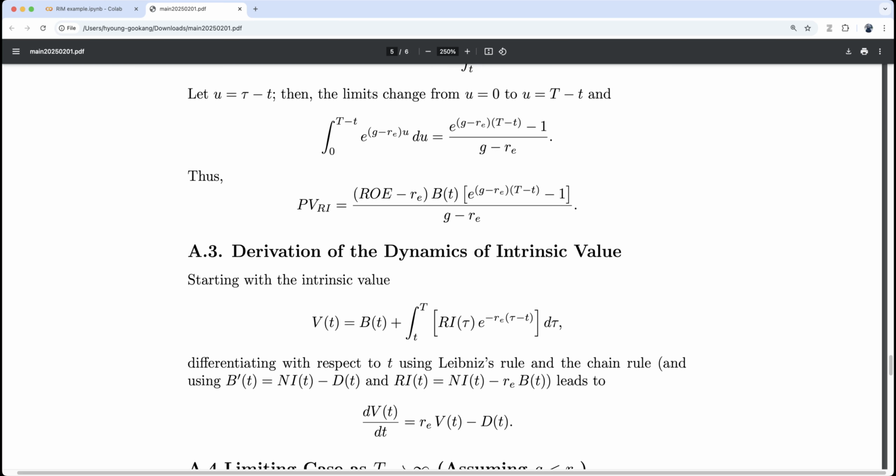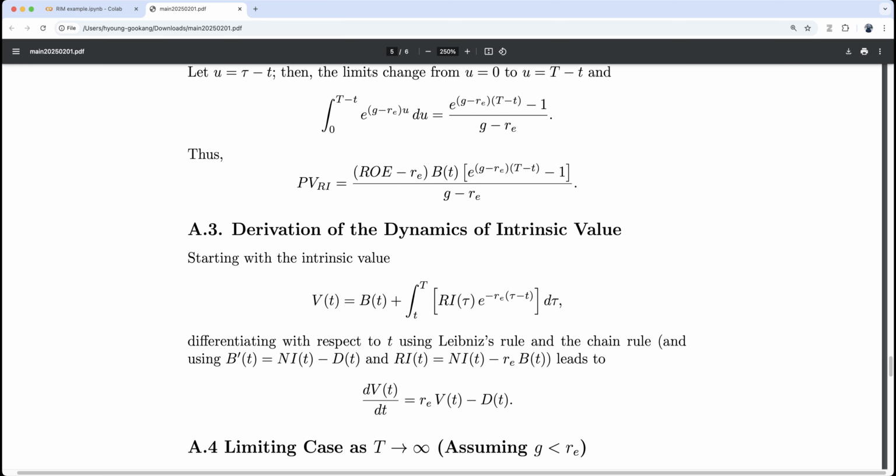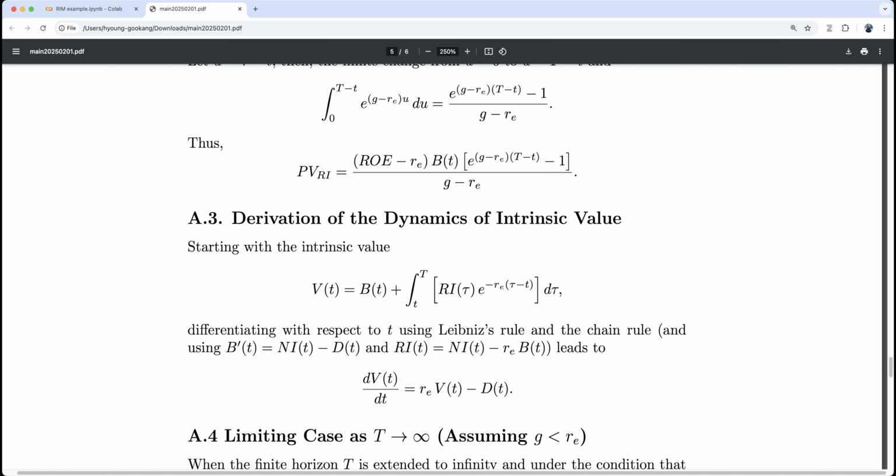Differentiating with respect to t using the Leibniz rule and the chain rule, and then using B tau and minus d_t and RI_t leads to this one. I don't want to show the detail about this one, but it is very straightforward to do so. And the limiting case about the Leibniz rule.